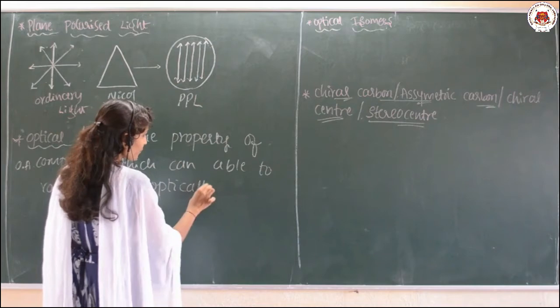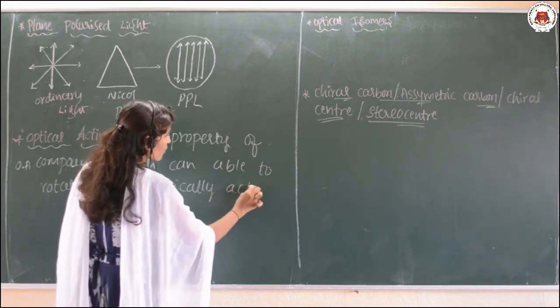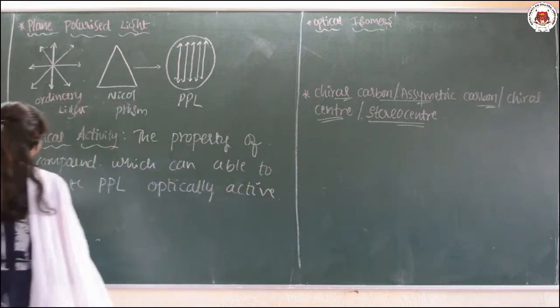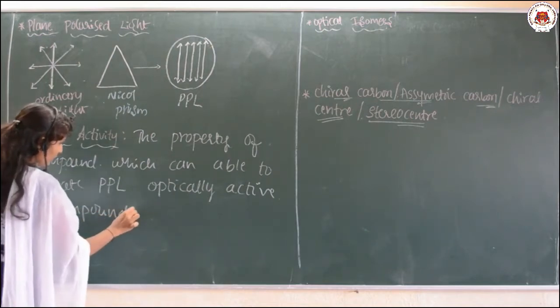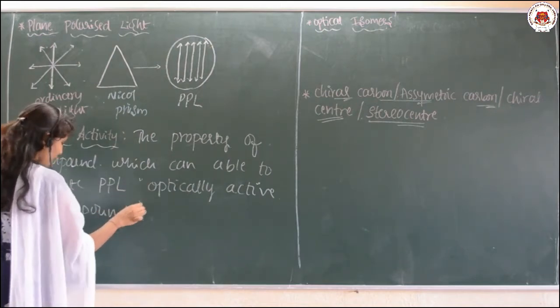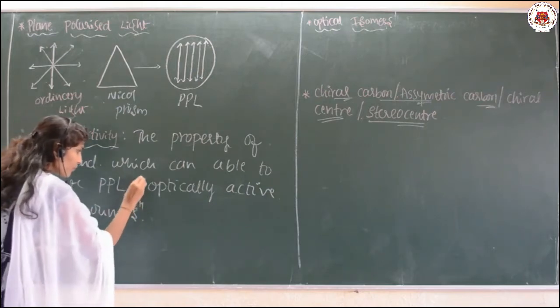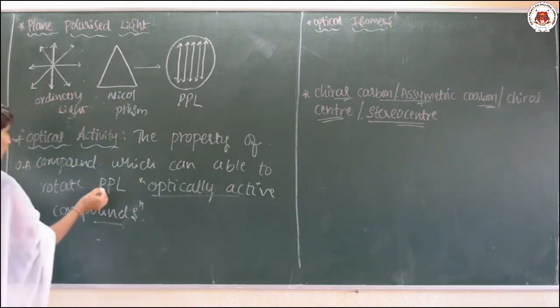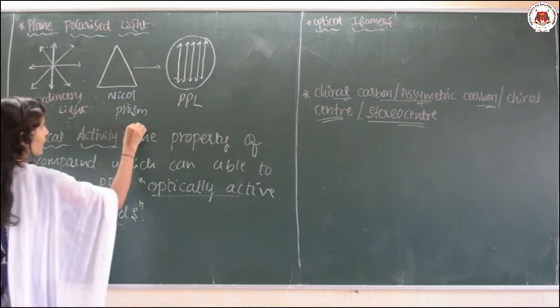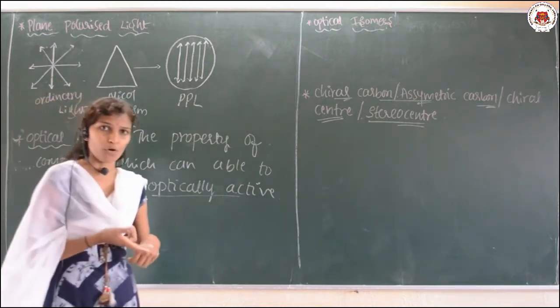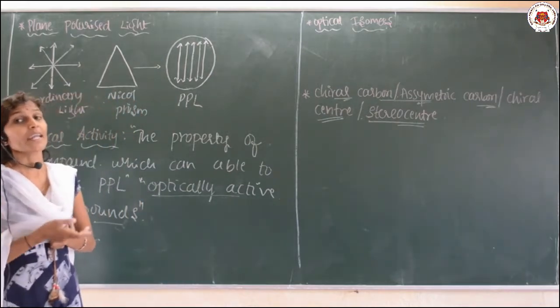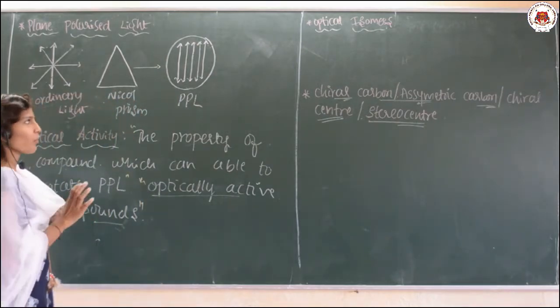Optically active compounds. Okay, see here, compounds, and this is the optical activity. So optical activity is nothing but the property of the compound by virtue of which it is able to rotate the plane polarized light.